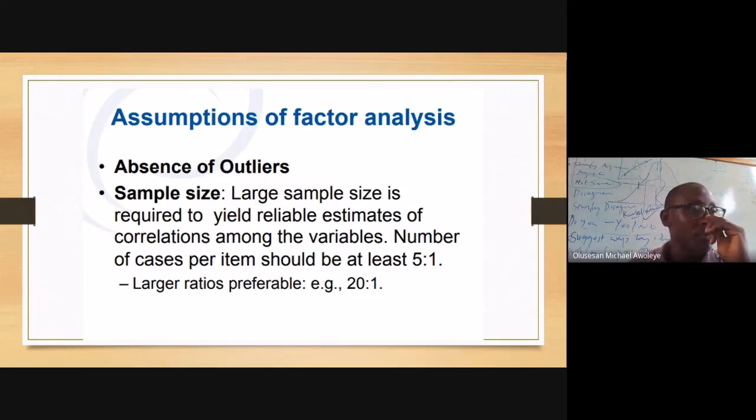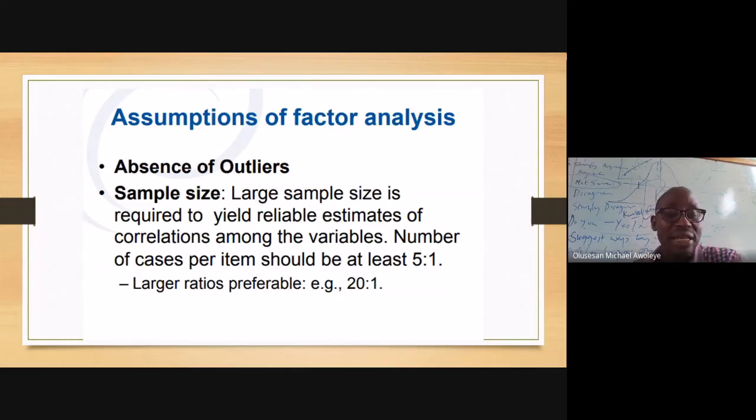Some literature will tell you 200, some will tell you 400. But majorly, it must be based on the number of items. It must be a multiple of your items. If you look at this recommendation, the number of cases per item should be at least 5 to 1. Do you understand that?